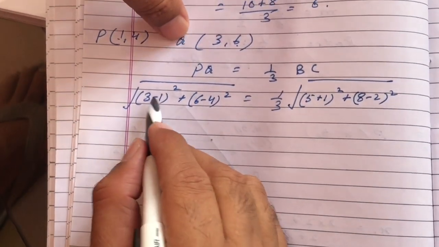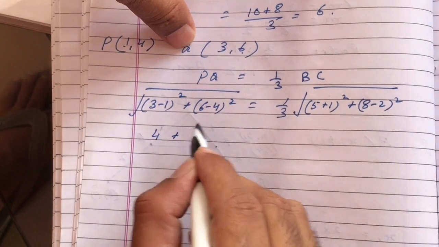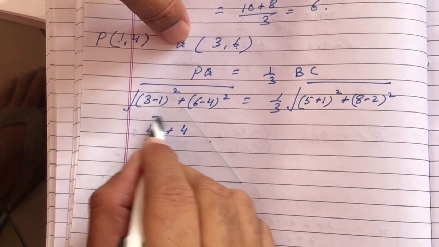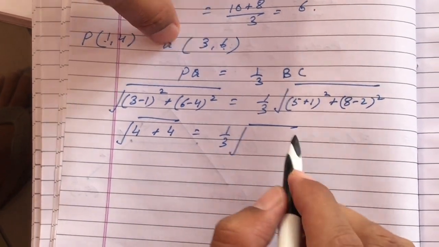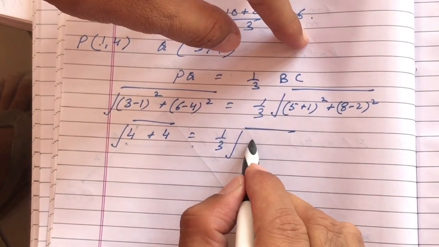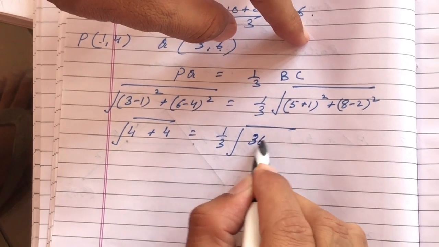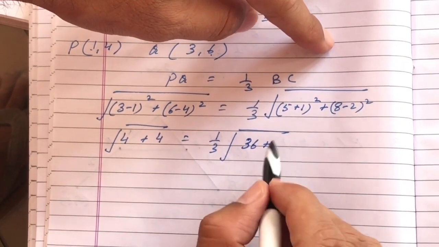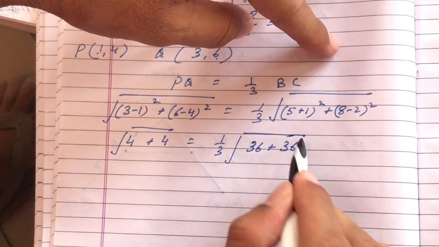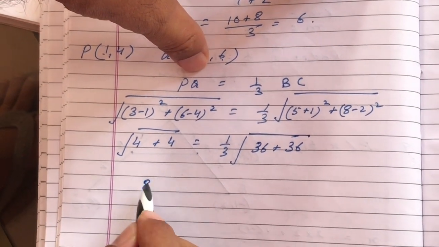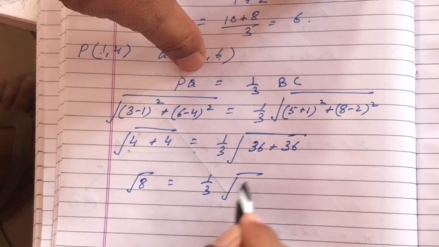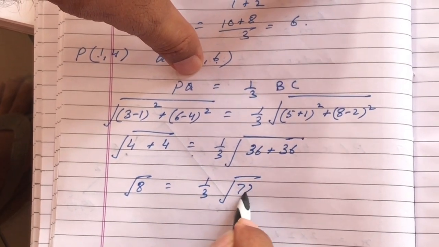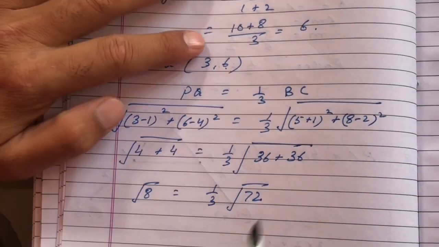So (3 - 1), 2 square, 4. (6 - 4), 2 square, 4. And 1 by 3. (5 + 1) square, 6 square, 36. (8 - 2) square, 6 square, 36. It is root of (4 + 4), root 8, and 1 by 3 of root of (36 + 36), root 72.